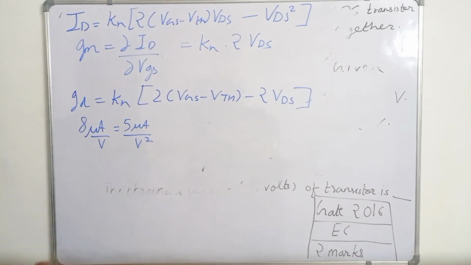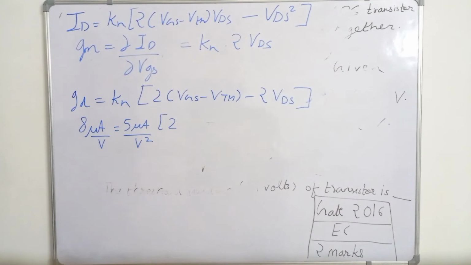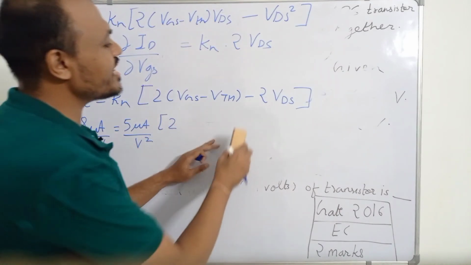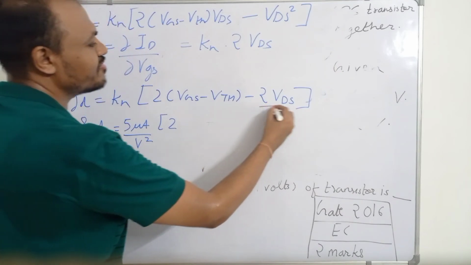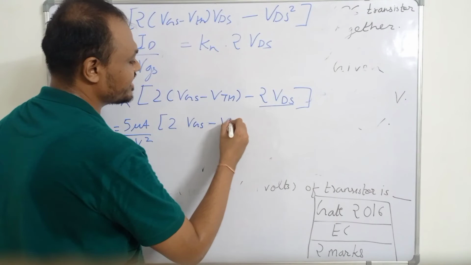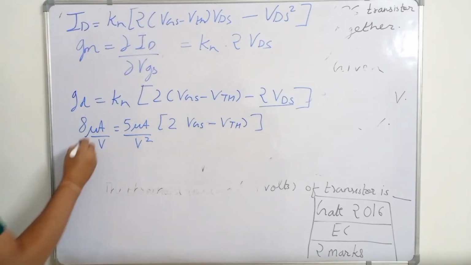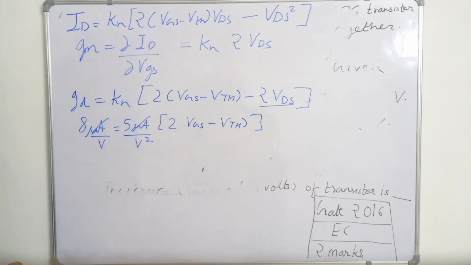This value of GD is for VGS equal to 2 volt and VDS equal to 0 volt. When we replace VDS with 0 volt, this term will disappear. So this will be equal to twice of VGS minus VTH. Microampere and microampere get cancelled.